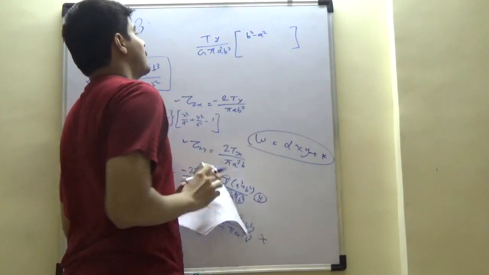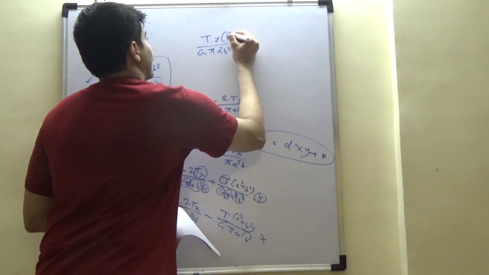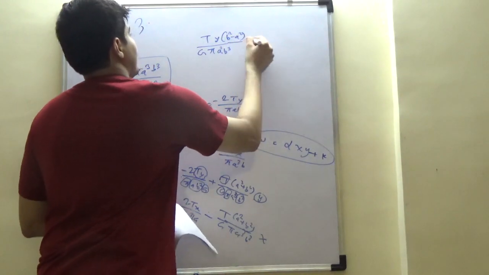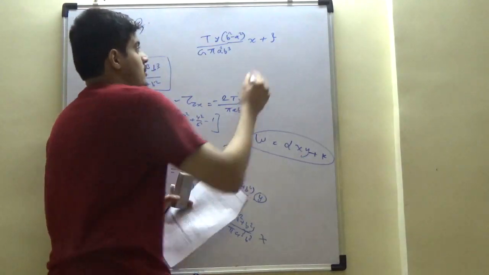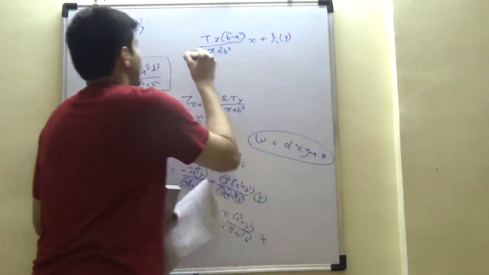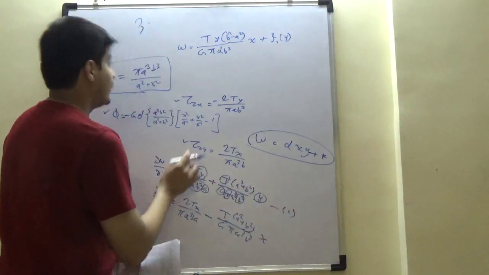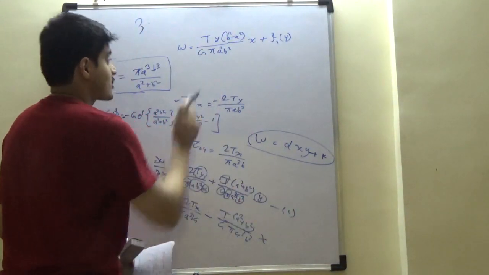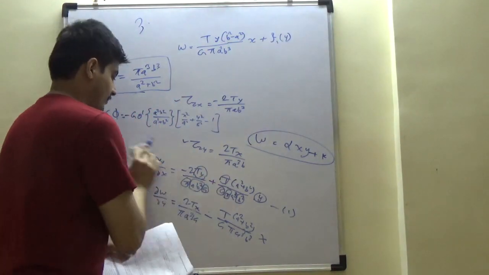Now this can come out. Now it is a much easier form to handle. b square minus a square x plus some constant y. So w from this first equation will give me on integration all this constant which has come out into x plus f of y, some f1.